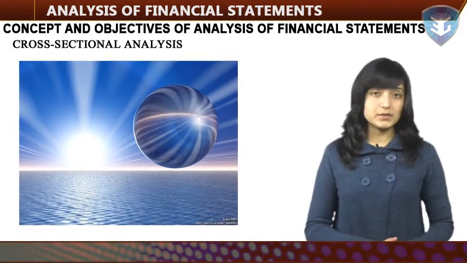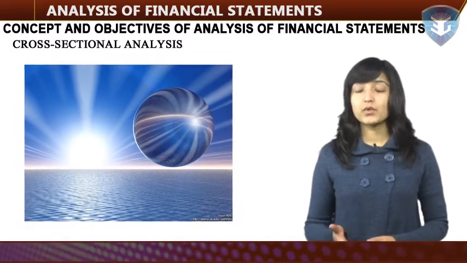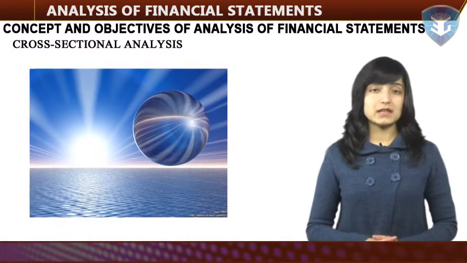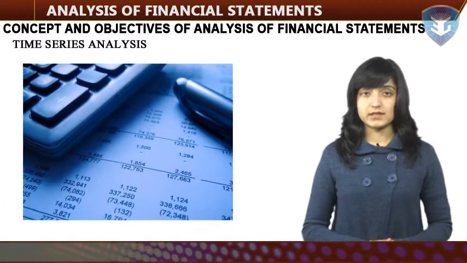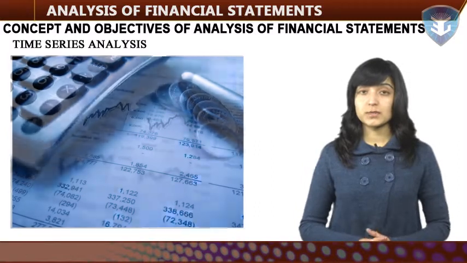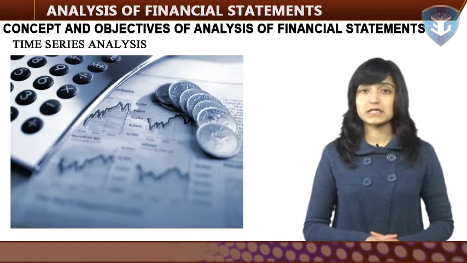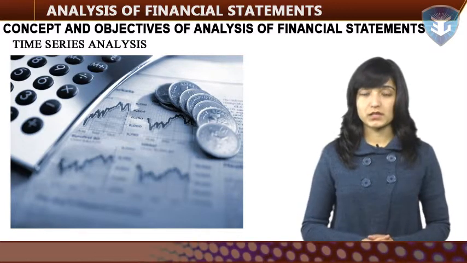This analysis helps in analyzing financial characteristics of an enterprise with financial characteristics of another similar enterprise in that accounting period. Time series analysis, also called intra-firm comparison. According to this method, the relationship between different items of financial statements is established, comparisons are made and results obtained.